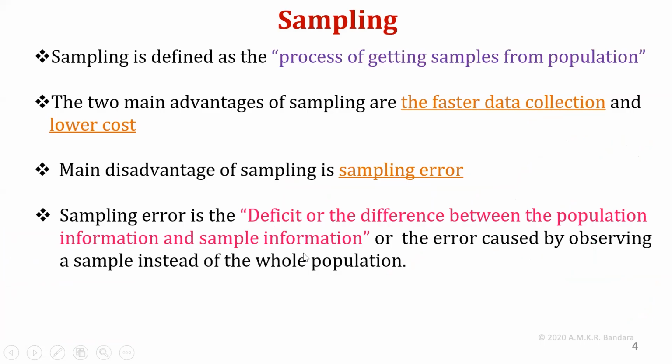Sampling error is defined as the deficit or difference between population information and sample information, or the error caused by observing a sample instead of observing the whole population. So we can imagine that we will not observe the same thing from the sample as observed in the population.